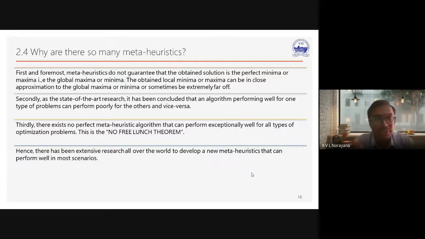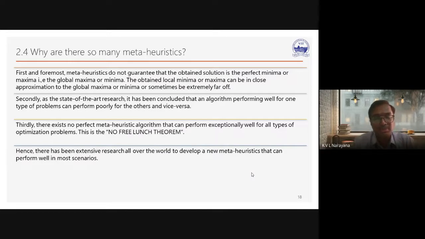Depending on the complexity and nature of the problem, people are developing metaheuristic algorithms, though mostly people rely on classical paradigms like particle swarm optimization, genetic algorithm, differential evolution, and their variants. That's why metaheuristics are being developed year by year.